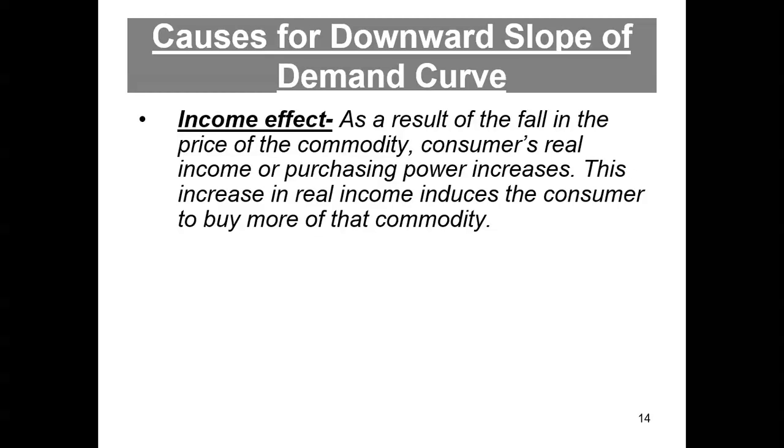Whenever there is an increase in purchasing power, the real income induces the consumer to buy more of that commodity. If his income increases, instead of purchasing 10 kgs of rice, he is going to purchase 20 kgs. That is the reason why the demand curve slopes downwards.